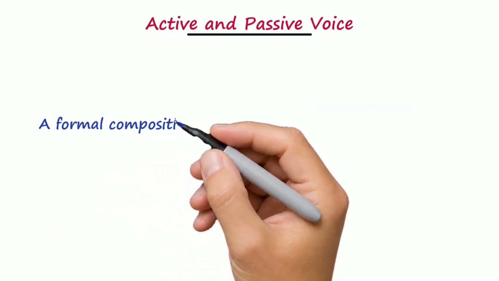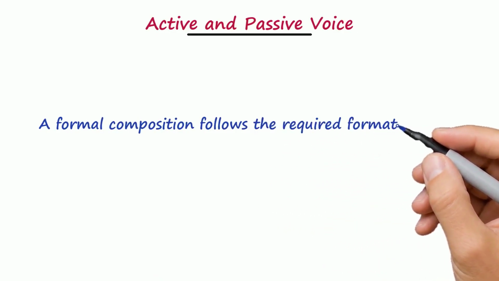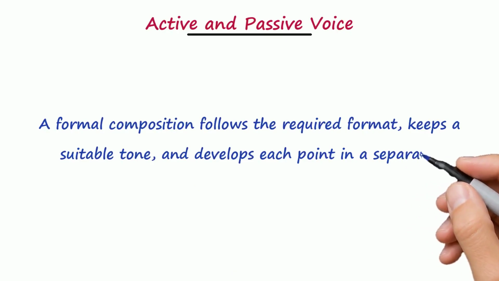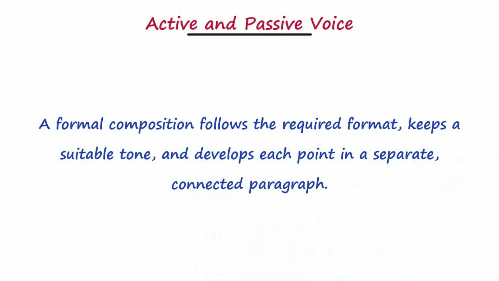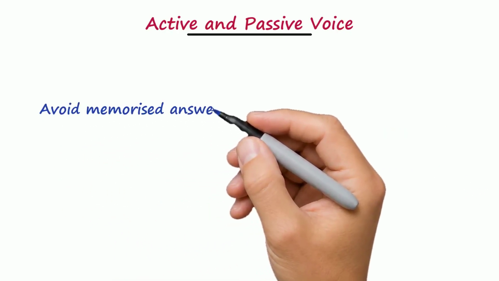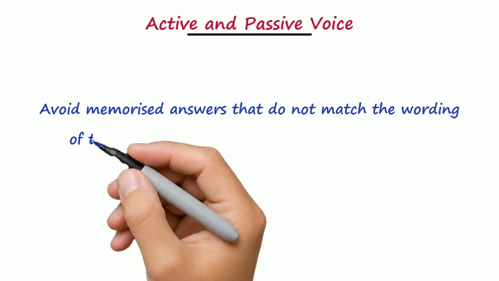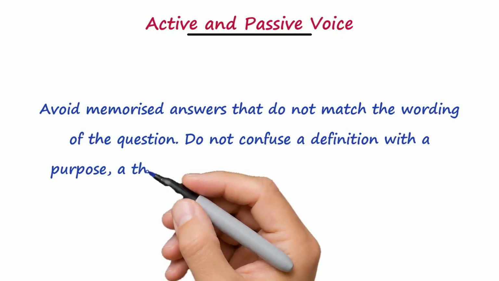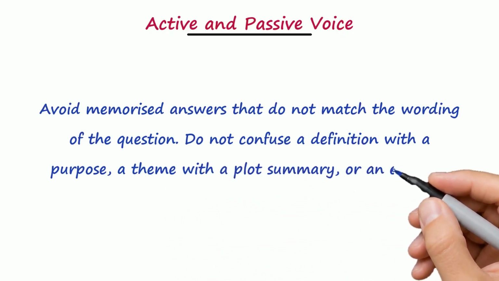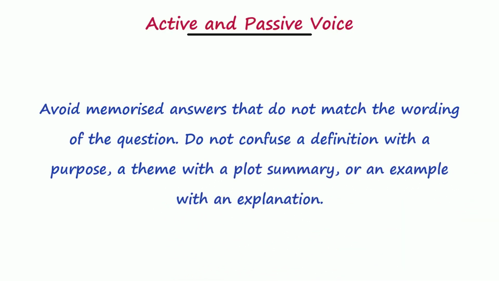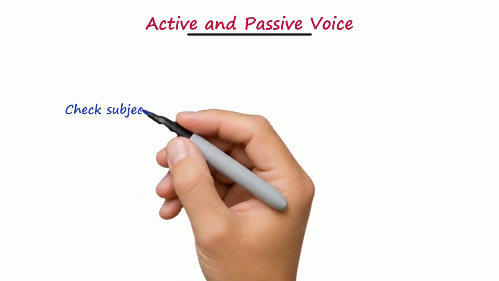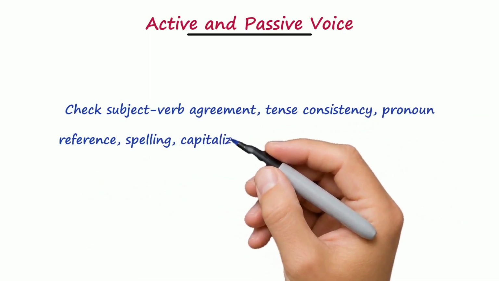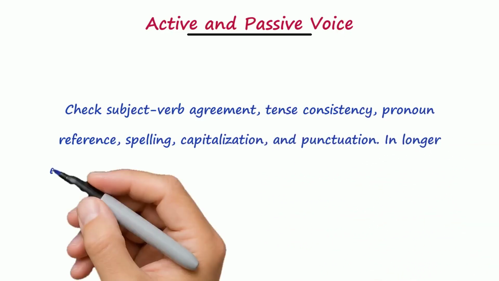A formal composition follows the required format, keeps a suitable tone, and develops each point in a separate, connected paragraph. Avoid memorized answers that do not match the wording of the question. Do not confuse a definition with a purpose, a theme with a plot summary, or an example with an explanation. Check subject-verb agreement, tense consistency, pronoun reference, spelling, capitalization, and punctuation.